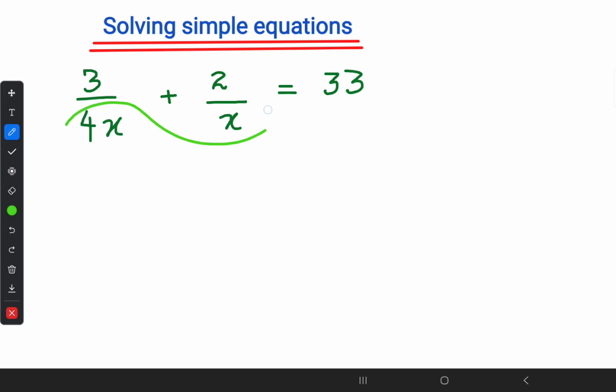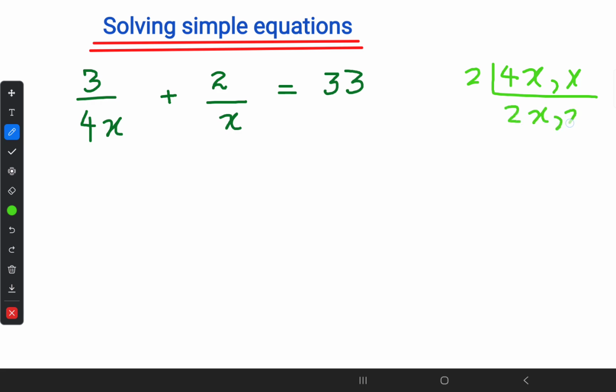So you have to find the LCM for both of them, 4x and x. You have to find the LCM by dividing them using the prime numbers first. So 2 times 2 times x, and again we can divide by 2, then by x, 1 and 1.